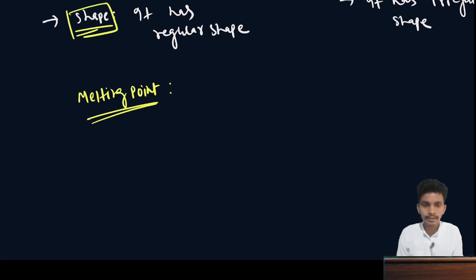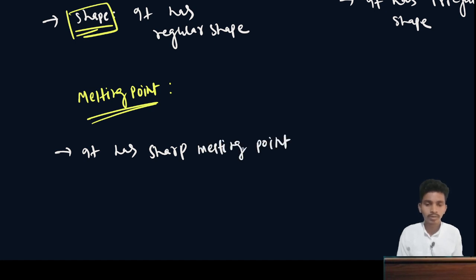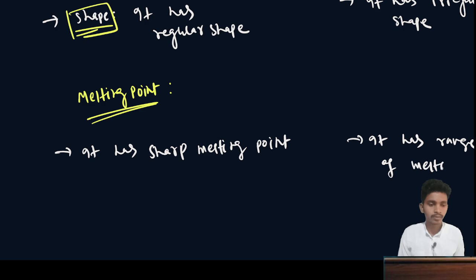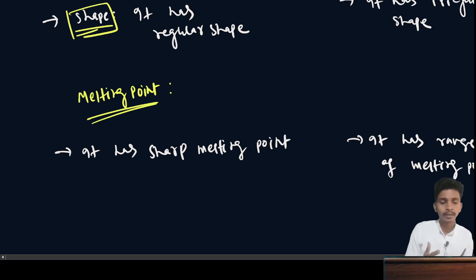Crystalline solids have sharp melting points, and amorphous solids have a range of melting points. Let's say it may melt from 101 to 110. But in the sharp case, it will melt at only one certain melting point, 101.